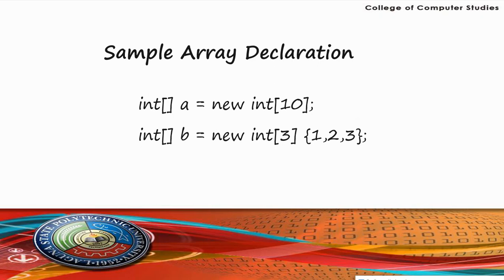Another example, int[] b = new int[3] with initial values. So here you can declare array with or without initial values. In the second example, we have b[0] equal to 1, b[1] equals 2, and b[2] equals 3.